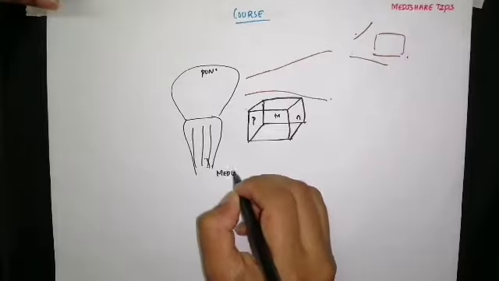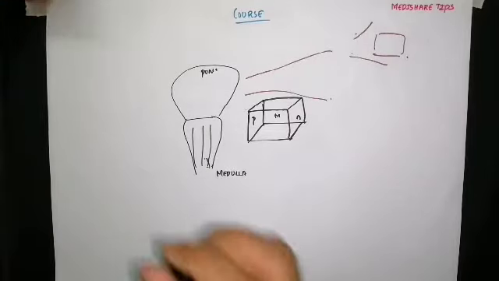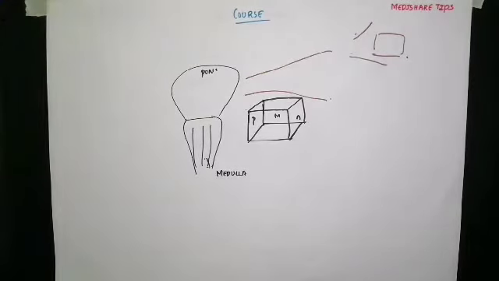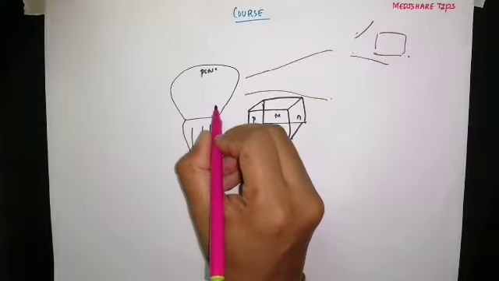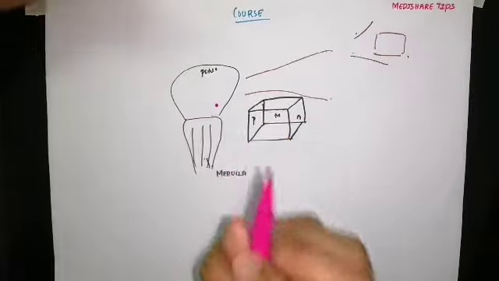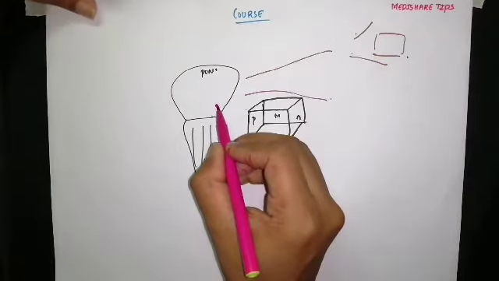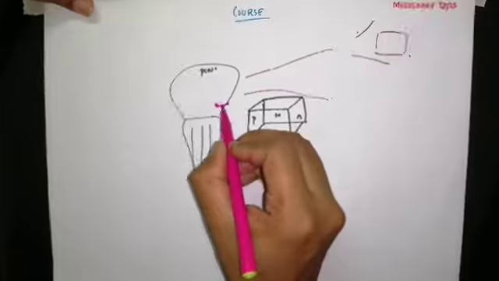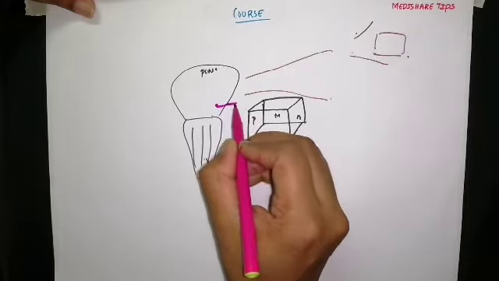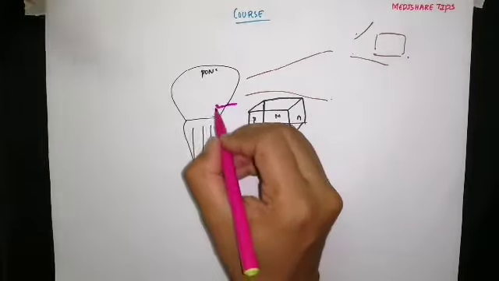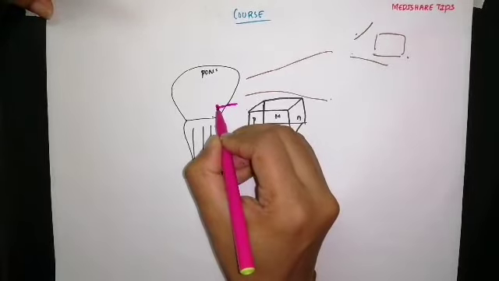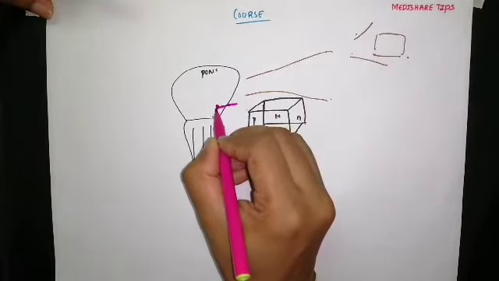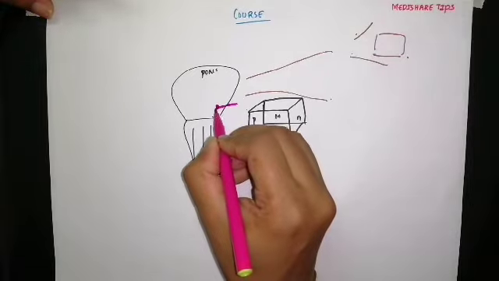So we look at how the motor fibers pass here. The motor nucleus is located in the lower part of the pons. From here the motor root arises. Then it enters the petrous part of the temporal bone. First of all, from the motor nucleus, the motor fibers arise like this.